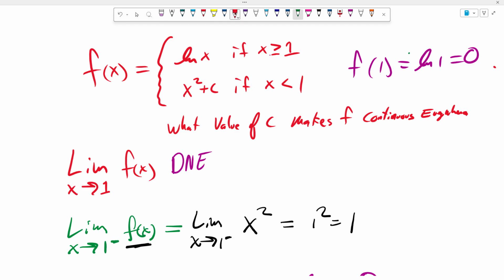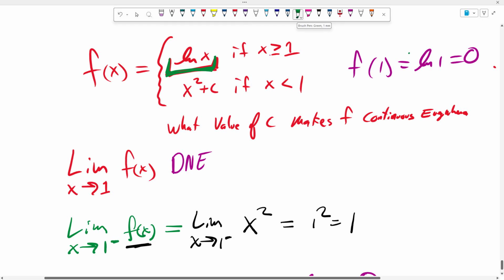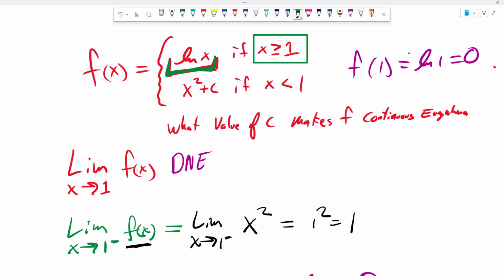Is this continuous everywhere? Not really. It is continuous on what domain? As long as x is greater than 0, it's continuous. And it's only this when it's that function. So this is continuous everywhere here. This is, no matter what c is, a polynomial. So it's definitely continuous everywhere here.